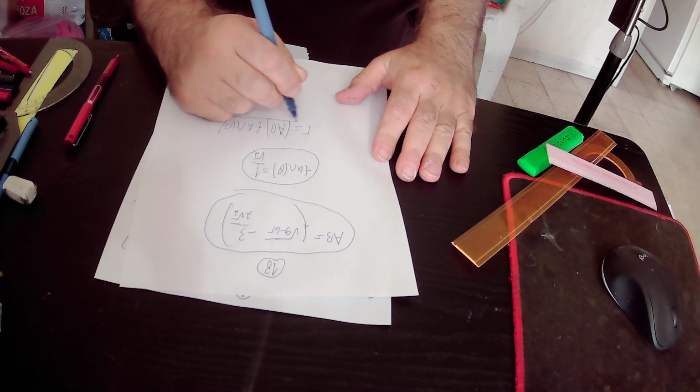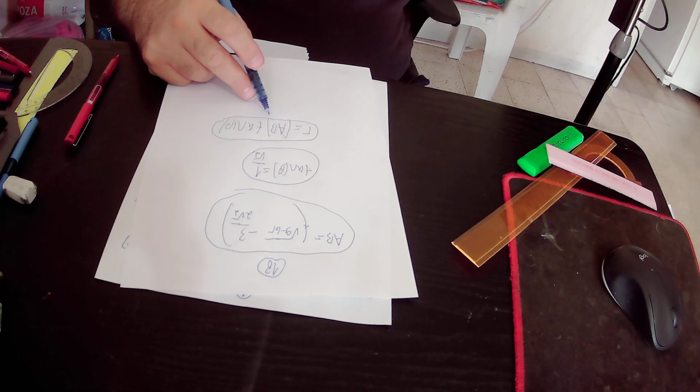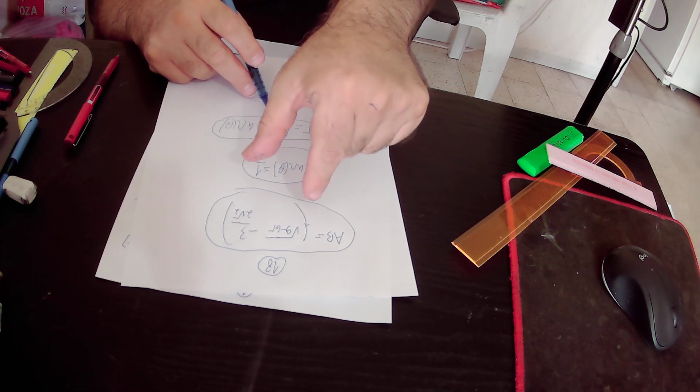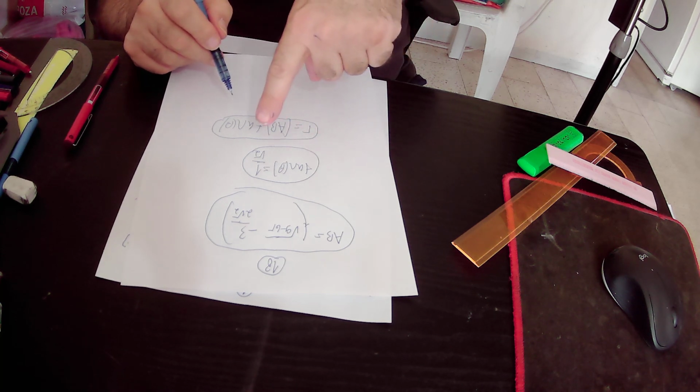What is left to do is to substitute AB by this value and tangent theta by 1 over root 2.